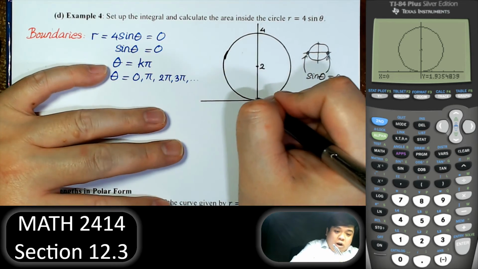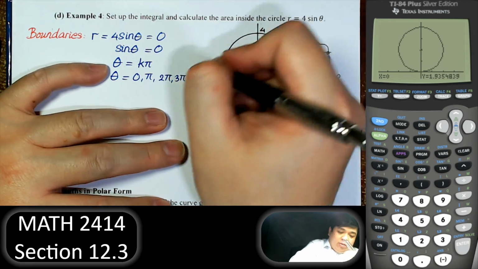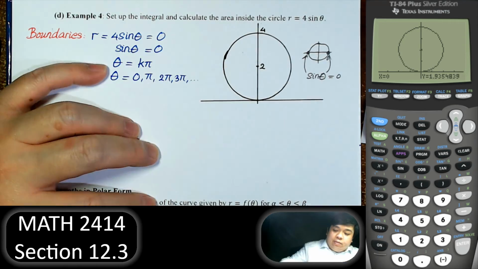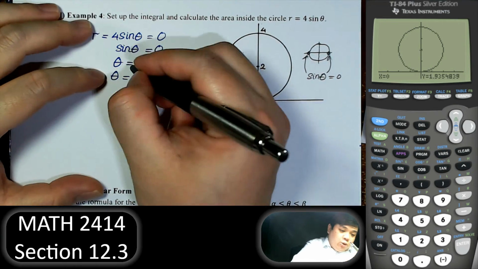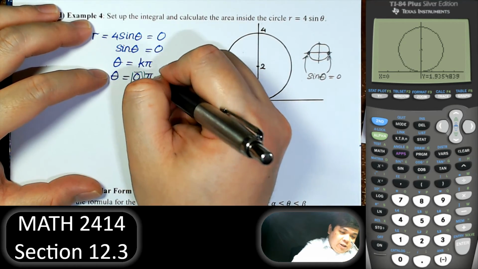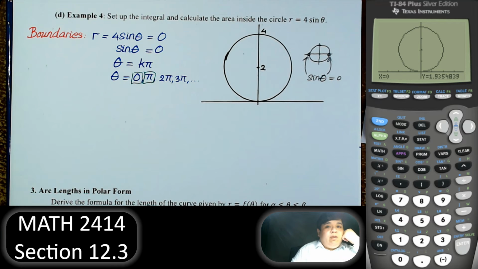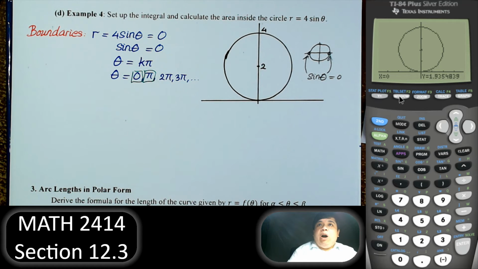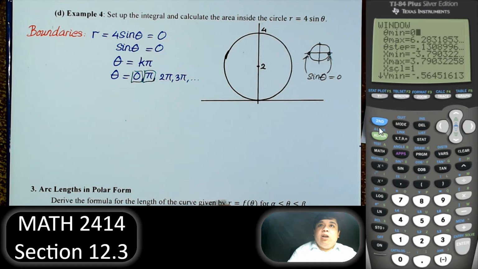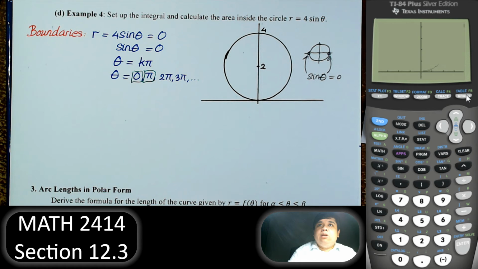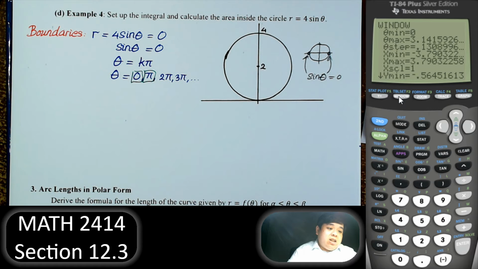However, if we just want one revolution, I mean one circle here, the boundary will be from 0 to pi. Now let's graph. How about just from 0 to pi? Yes, that's enough. Now how about we just cut in half?